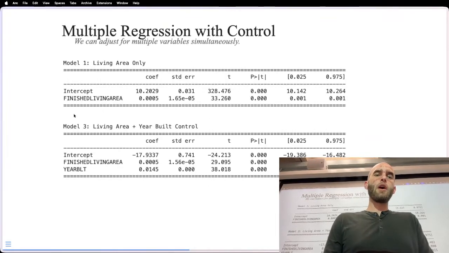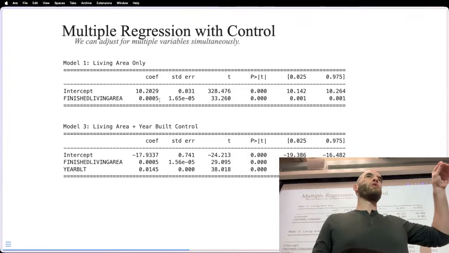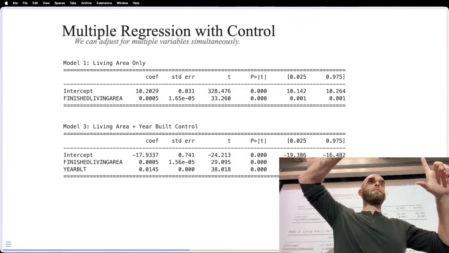So here are the 2 models. I ran them separately. The first one is just living area. So I'm using an intercept term and finished living area to predict log price. What you can see is the intercept is log base 10, and then we have finished living area of 0.0005. So, the value of an additional square foot, a square foot is like this big.